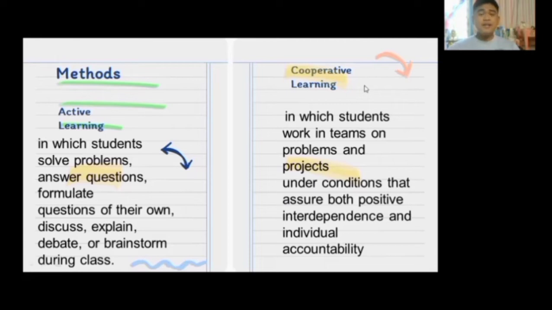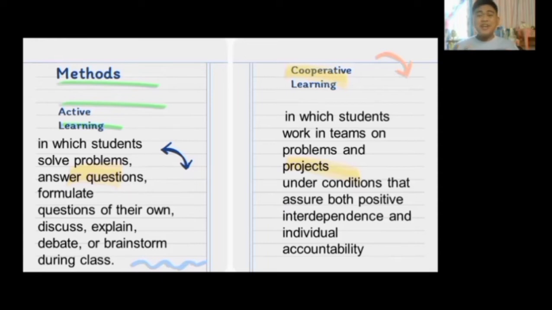And that is why it is very important to know or to assess if the students are really listening or learning from the discussion. Second would be cooperative learning. It is defined as students work in teams on problems and projects under conditions that assure both positive interdependence and individual accountability.